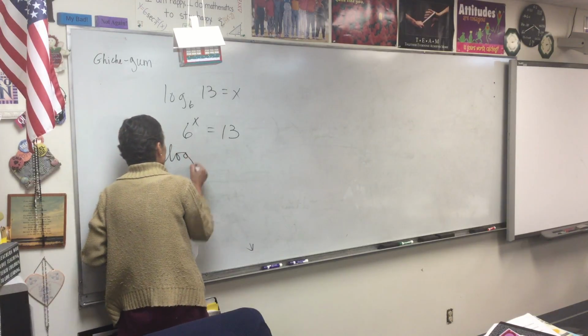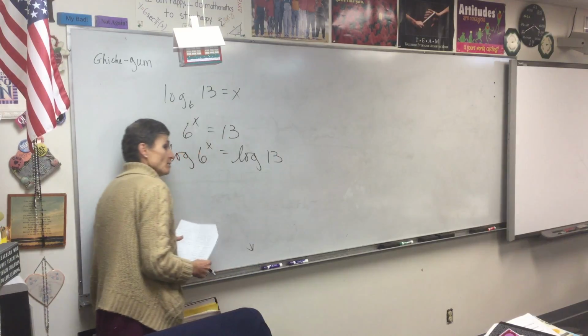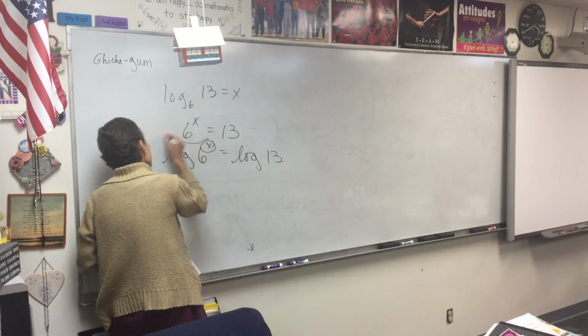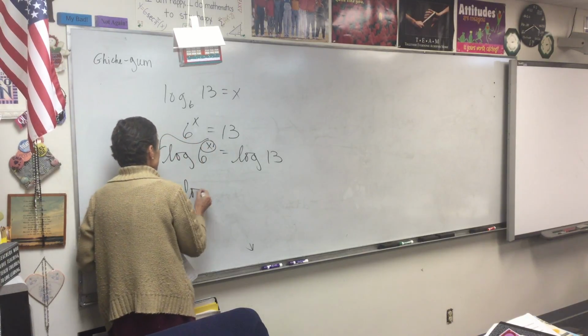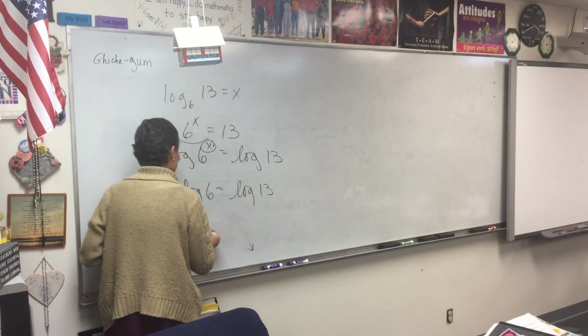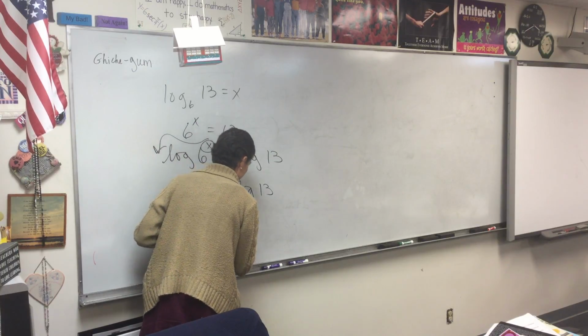So I'm going to take the log of both sides. Why do I take the logarithm of both sides? Because now the x becomes a coefficient. So x log 6 equals log 13, and the answer is log 13 over log 6.